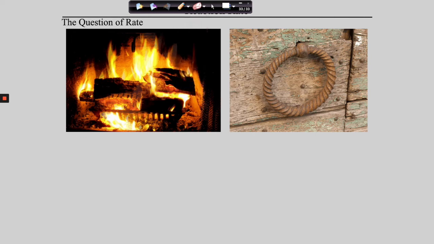Does it make sense that the reaction on the left is going faster? Well, yes. It's hotter, and because the reaction is hotter, this one goes faster because of temperature. Now guys, interestingly, the reaction on the left, as this rusts, it is actually releasing heat as well.